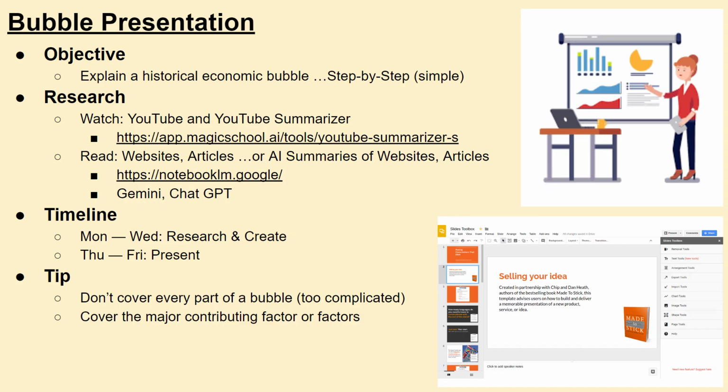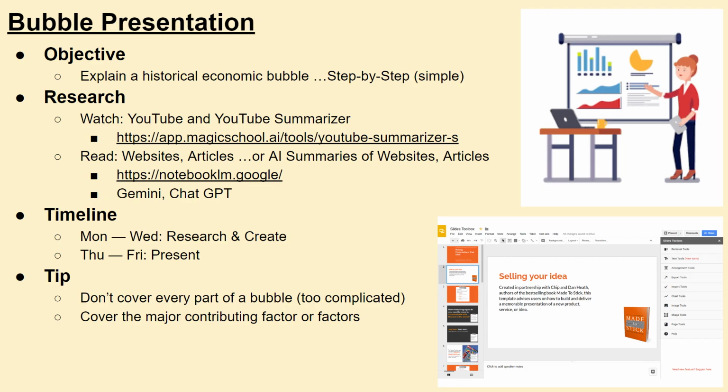Find the key contributing factor or factors. Sometimes there might be two things contributing to an increase. Sometimes there may be just one thing that mainly drives the economy upward in that bubble. Don't pick any more than two. Then the decline could have one factor that creates the decline, or there could be two.